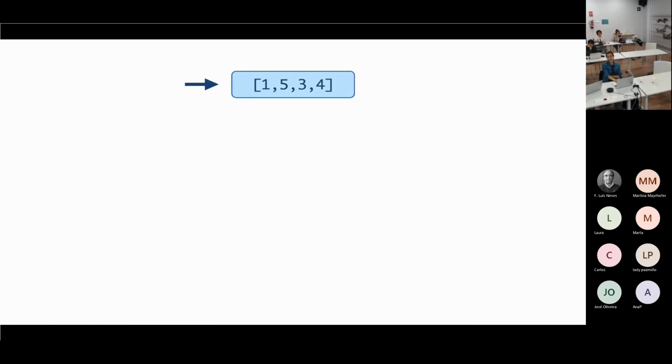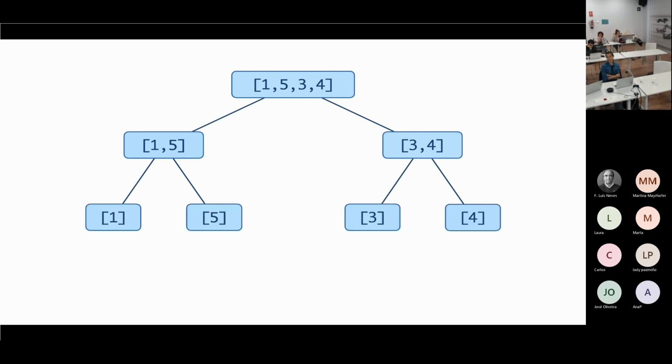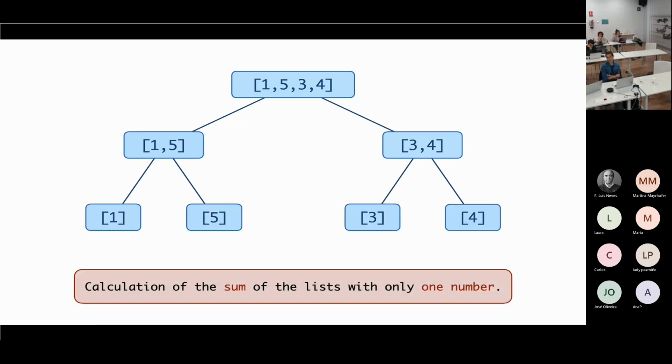Okay, so the input is going to be this list. Then we are going to successively divide this list into two, one time and then again, until we get lists with only one element. Then we compute the sum of the lists with only one number, which are the ones on the bottom, and that's very easy, it's just a number.